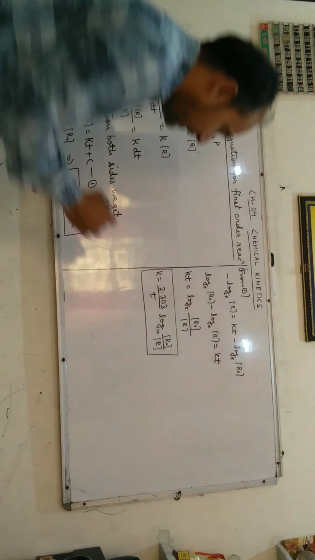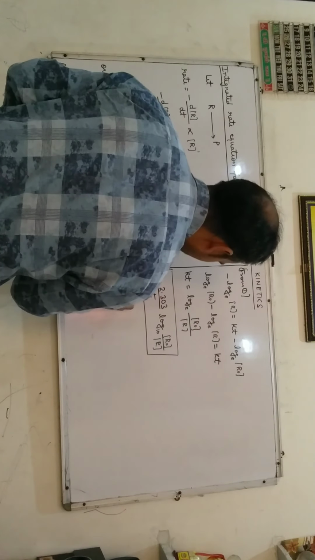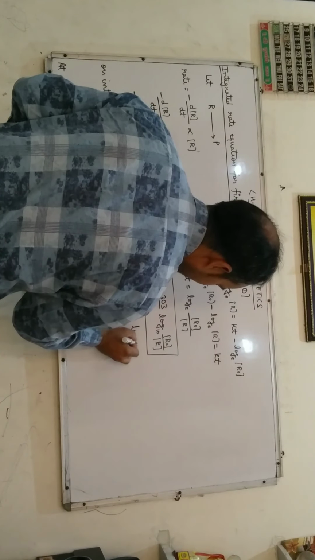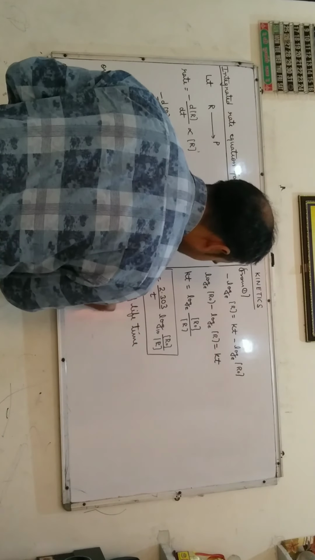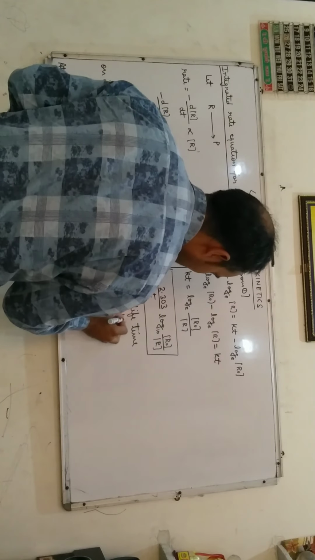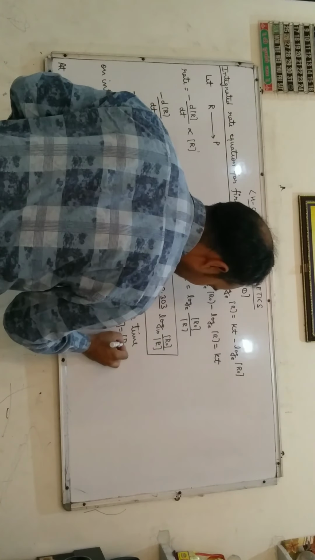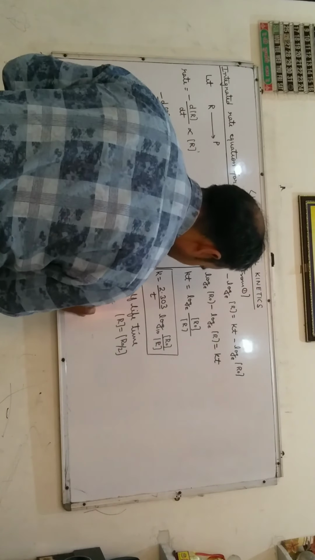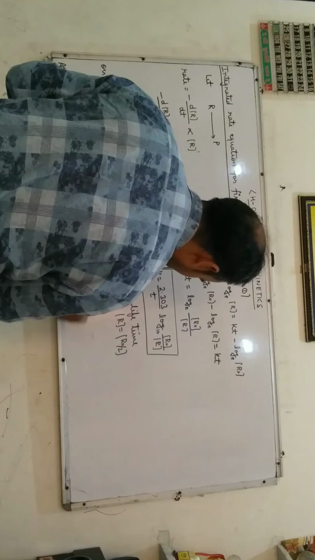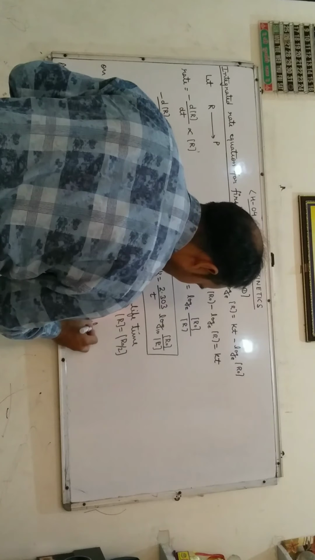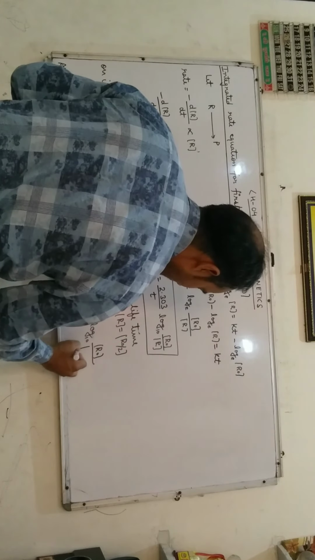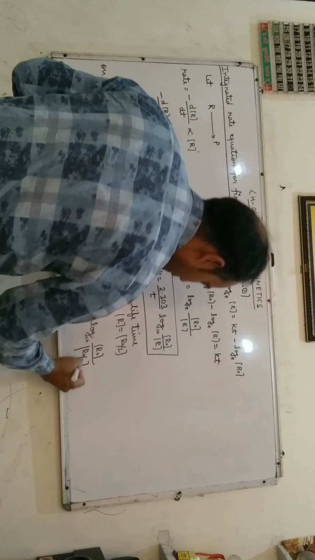For half-life time, we put t as t half and the value of r is r naught by 2 in the above equation. On simplification we get 2.303 upon t half log base 10 r naught upon r naught by 2.